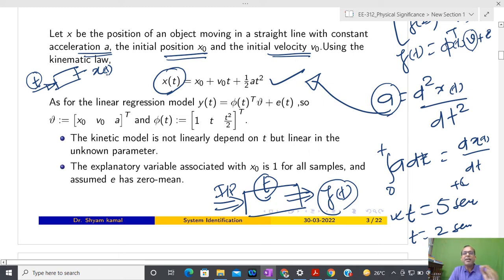So each time I am trying to forecast my position at t equal to 5 second, 10 second, 20 second, or 1000 second. Okay, now if you see the relationship between t and xt, so is it linear or non-linear? Anyone, could you please tell me the relationship between t and xt is linear or non-linear? Antara, could you please comment?